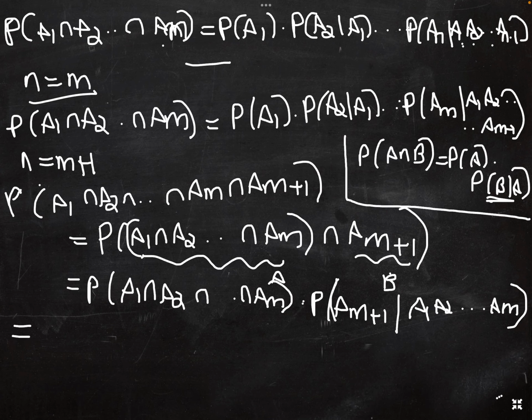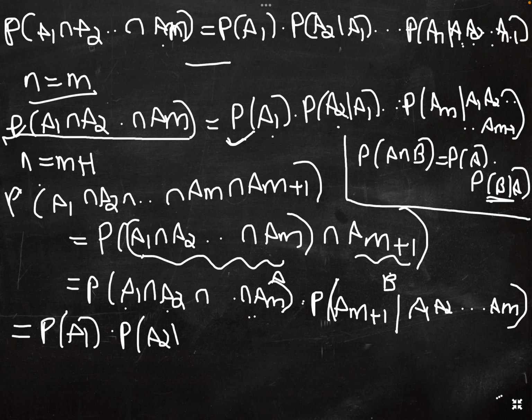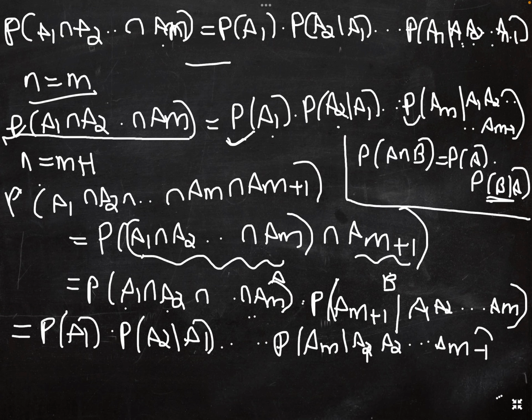We know that the probability of A1 intersection A2 intersection etc. intersection Am is equal to P of A1 into P of A2 given A1 into etc. P of Am given A1, A2 etc. Am minus 1, into the probability of Am plus 1 given A1, A2 etc. Am.